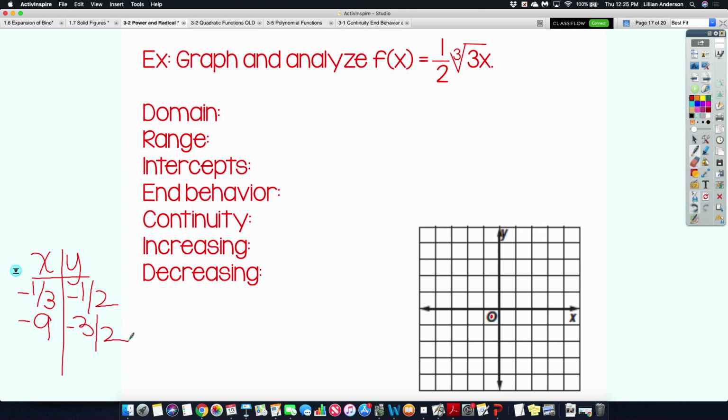Negative 1.5. So at negative 9, which is all the way over here, I'm at a negative 1.5. 0 is going to equal what? 0. And I can repeat the same thing. 1/3 and 1/2 and 9 and 3/2. You see it?